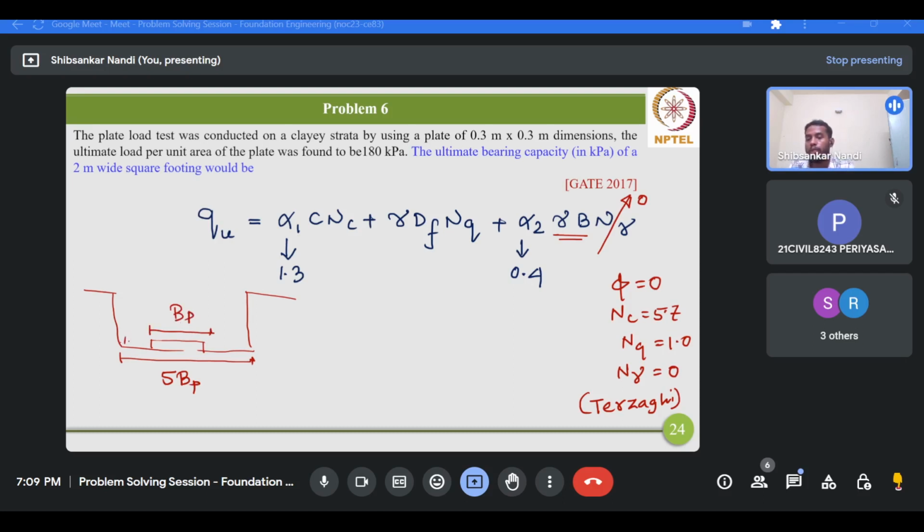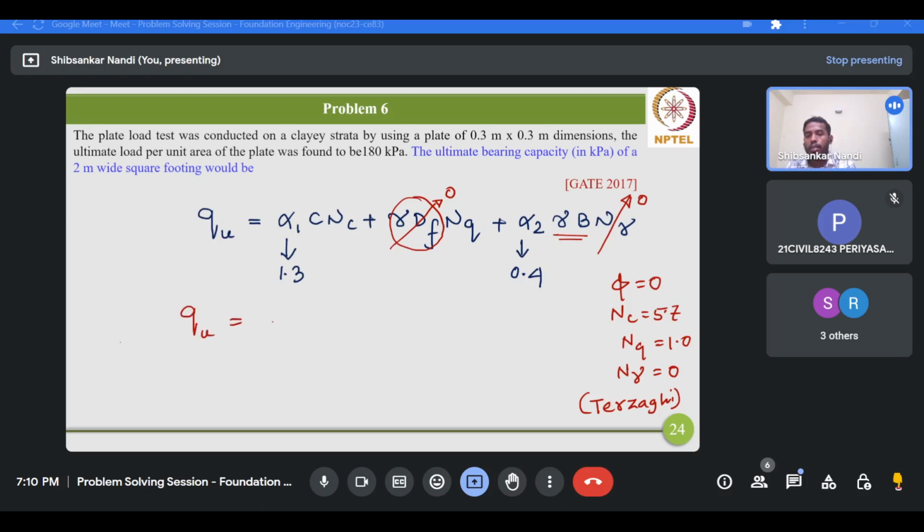That means there is no surcharge, so the surcharge contribution will be 0. So this qu will be simply alpha 1 c Nc. As long as you are dealing with the same soil deposit, qu will be independent of the depth of the footing as well as the width of the footing.